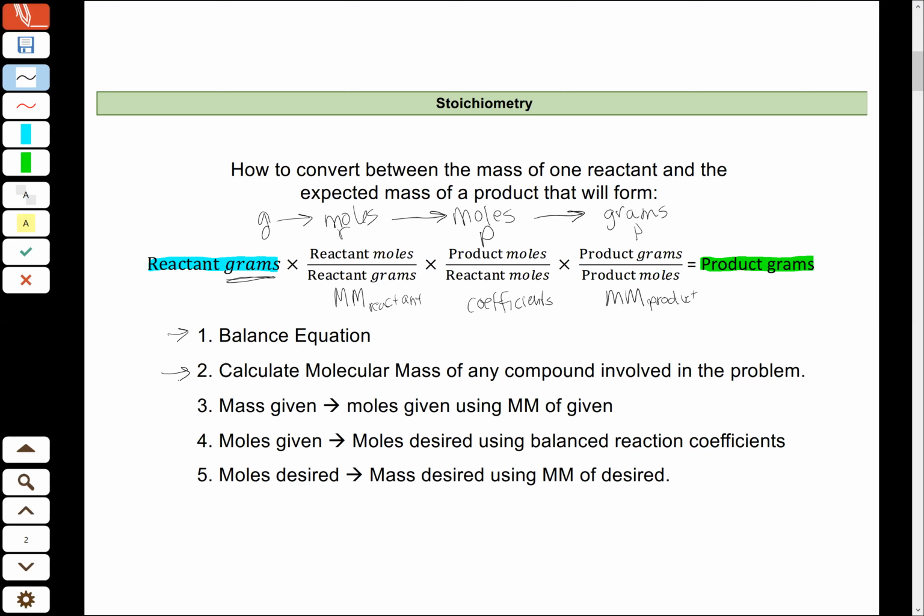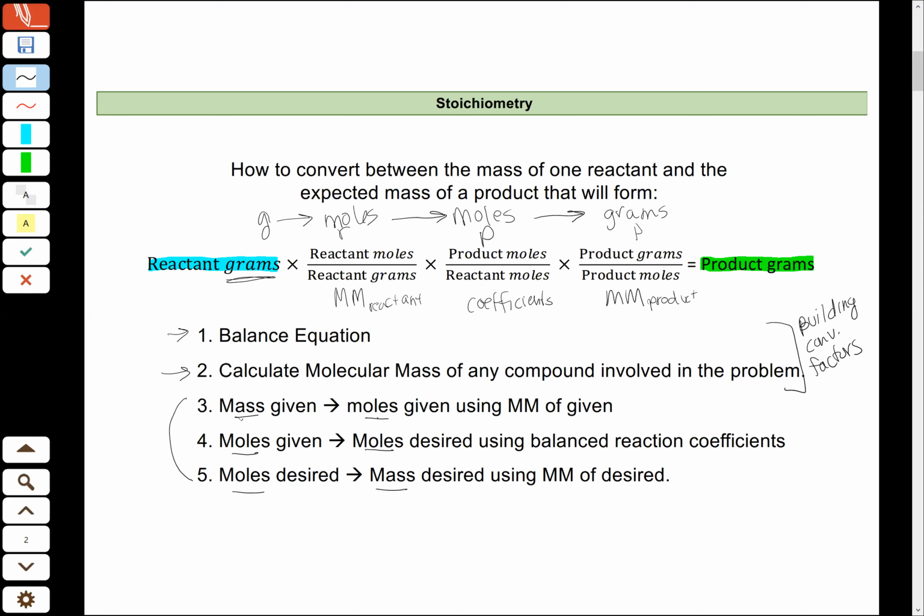We need to do this because in these two steps, we're actually building our conversion factors that we'll use in the problem. Then the actual calculation is a three-step calculation, going from mass to moles, then moles to moles, and moles to mass, which is confusing in that we are using the same units over and over.